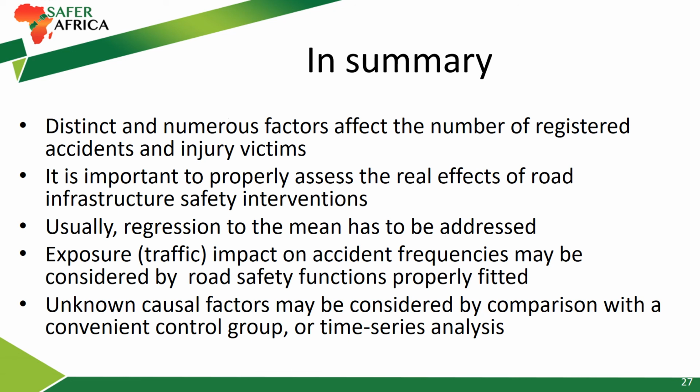Usually, regression to the mean has to be addressed. Exposure impact on accident frequencies may be considered by road safety functions properly fitted, and unknown causal factors may be considered by comparison with the convenient control group or time series analysis.